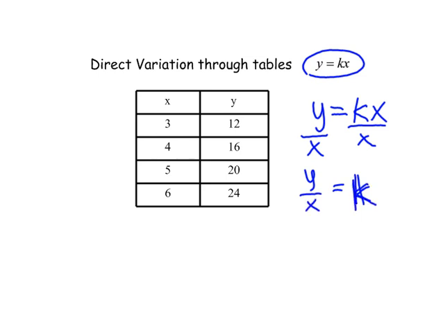So you're looking to see in the table if y divided by x is always the same. 12 divided by 3 is 4. 16 divided by 4 is 4. 20 divided by 5 is 4, and 24 divided by 6 is 4. Since this is constant, this is an example of direct variation.